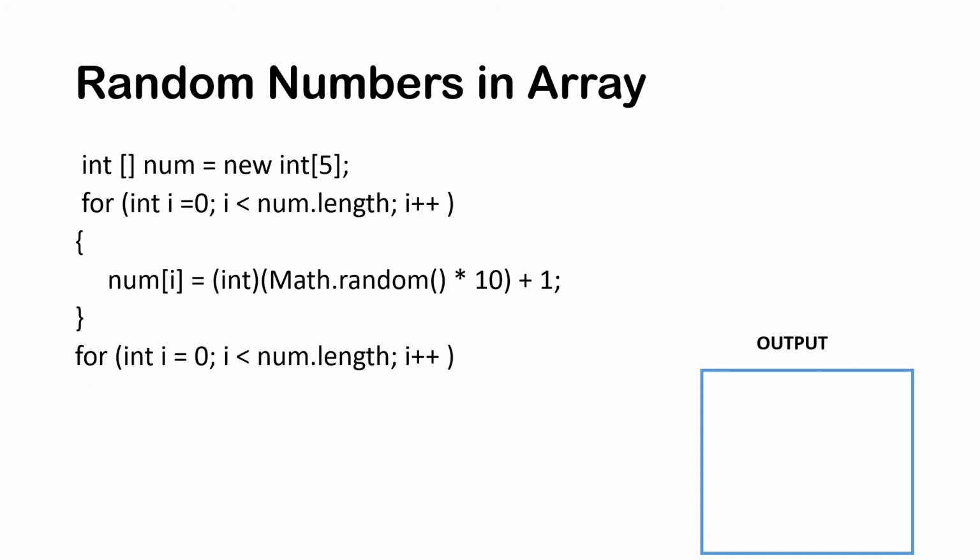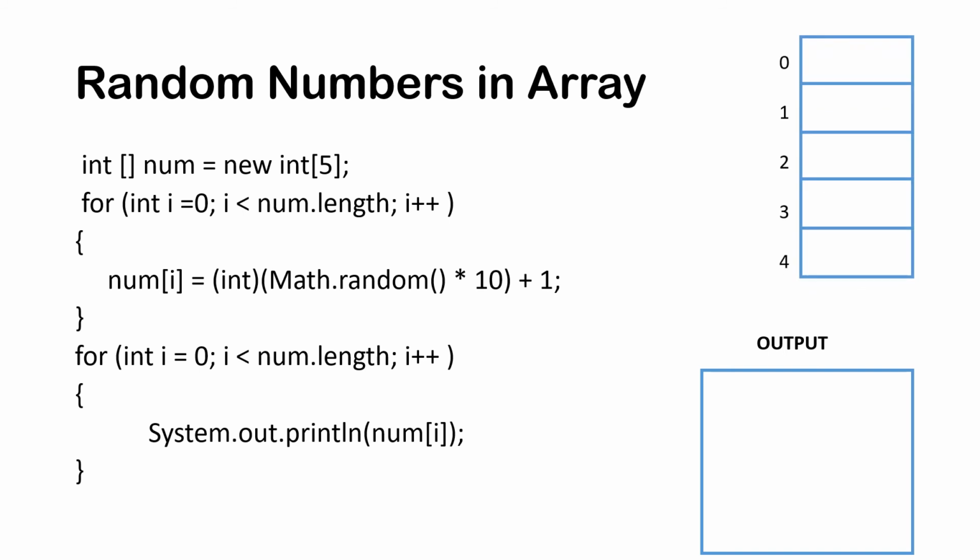And then afterwards, I'll do another for loop which counts from 0 to num.length again, and I will print all the cells of the array. When we run the code, let's have a look. We're going to get our array of 5 cells. As the first for loop runs and counts from 0 to 4, we will generate a random number. Say it generates 8.